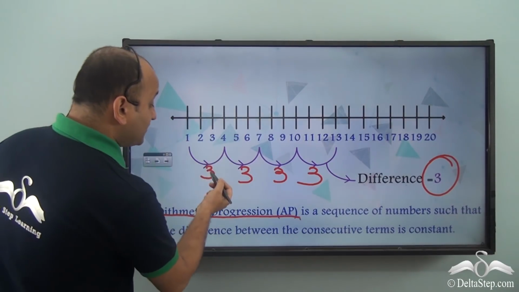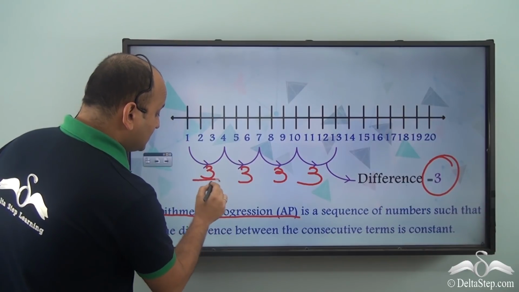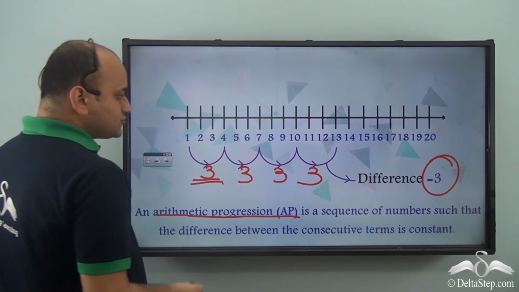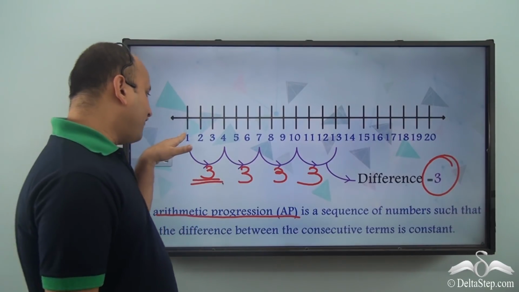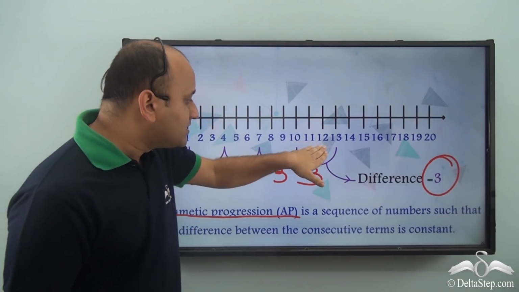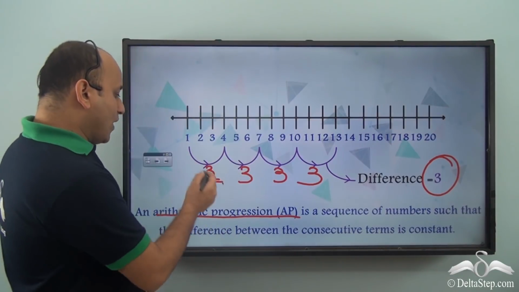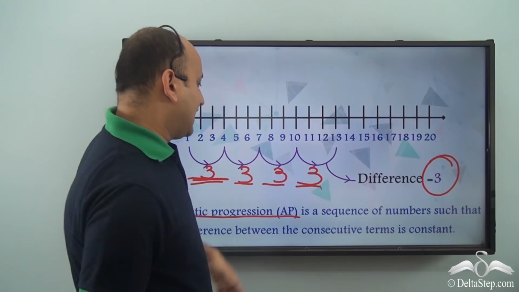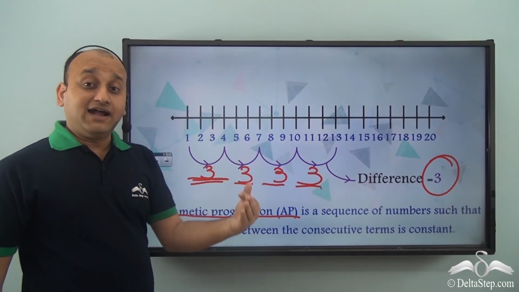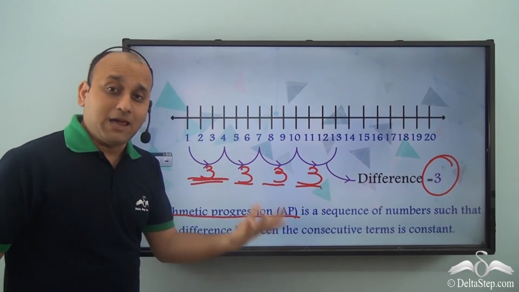So this is how any AP series will look. If you find the difference between consecutive numbers, you will find one constant or common number every time, and then you would say that the series is in AP.